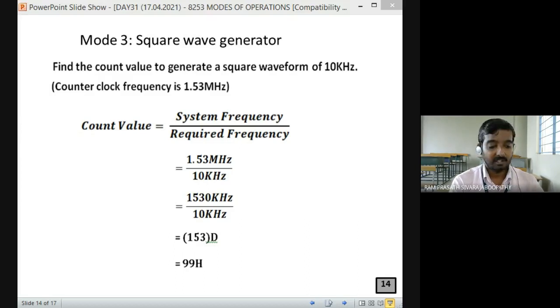MVI A, 99H. Then OUT, what address should we put? The address of counter 1. Very good, Anthony Surya. MVI A, 99H. Next, OUT 81H. Very good.